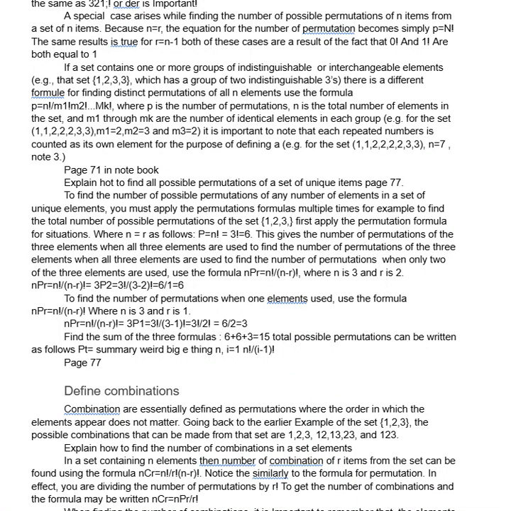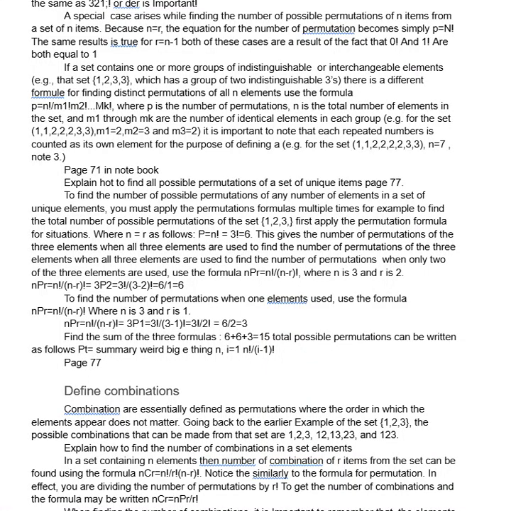When only 2 of the 3 elements are used, use the formula nPr equals n factorial in the numerator, over (n minus r) factorial in the denominator, where n is 3 and r is 2. 3P2 equals 3 factorial in the numerator over the denominator 3 minus 2, which is 1 factorial.